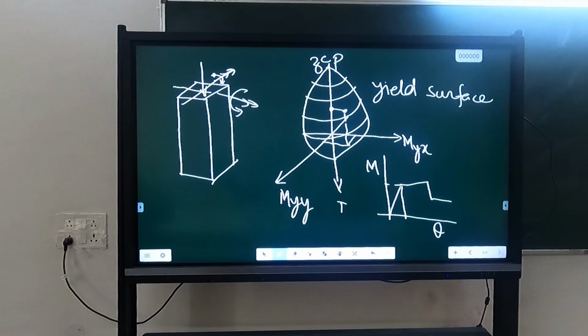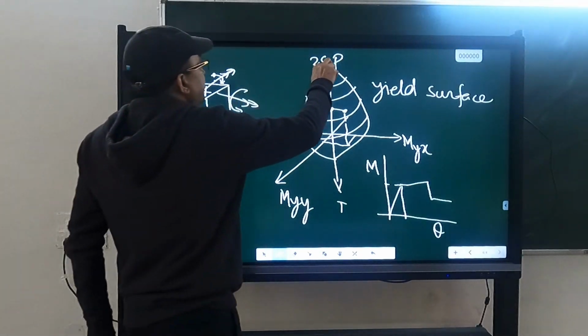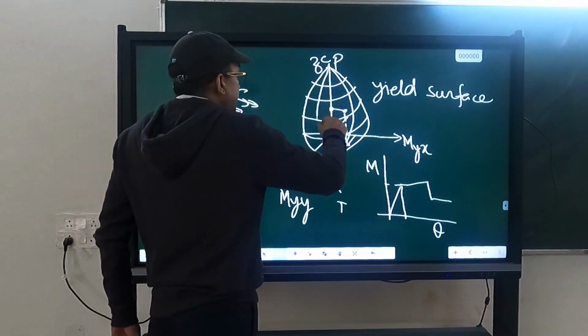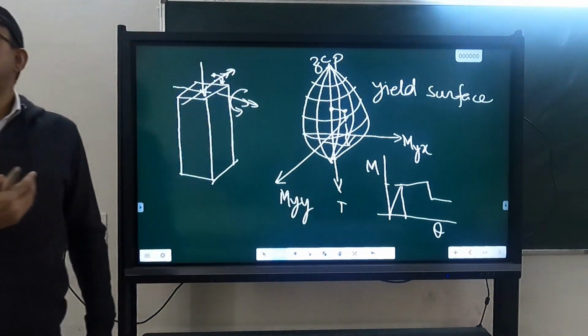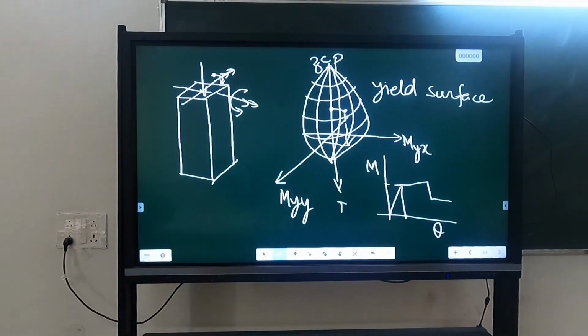So there you will see it will generate at a number of angles. Usually at every 15 degrees, we generate similar curves. So we generate a curve here. We generate curves here and here, and then we develop this interaction surface.